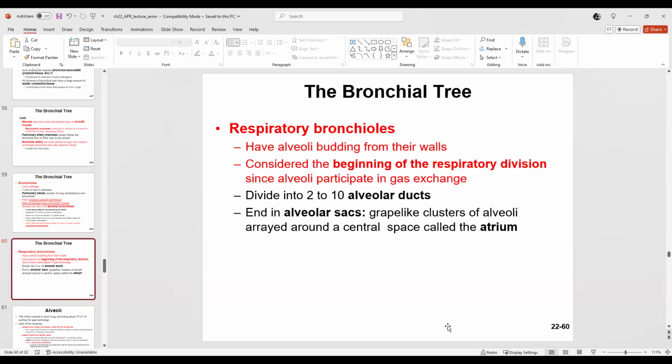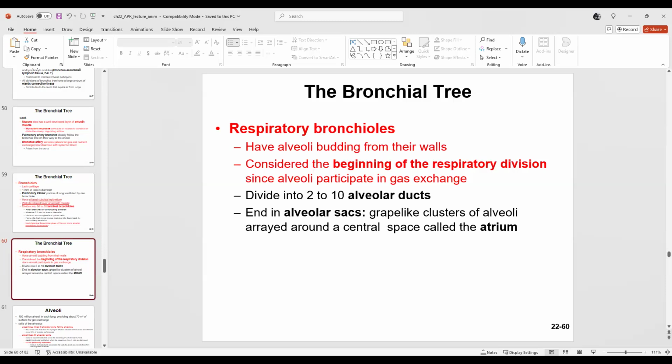Up until now, every single part of the respiratory system we've mentioned, the primary, secondary, tertiary bronchi, the bronchioles, the terminal bronchioles, their main job is just to move air and conduct it. That's it, move it to a specific area. There's no gas exchange happening in any of these areas.